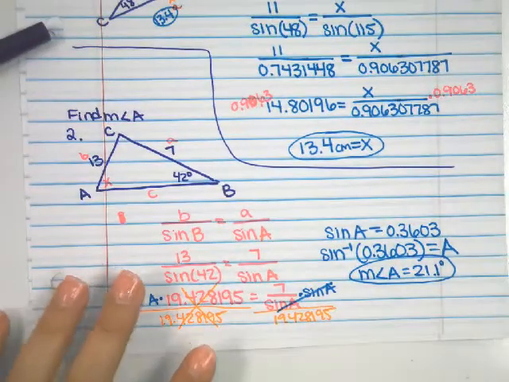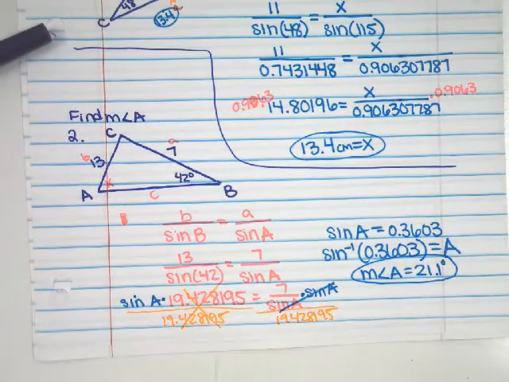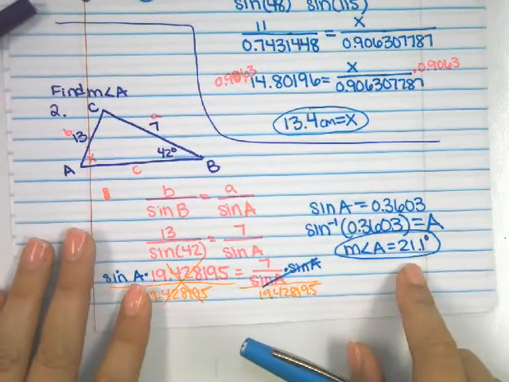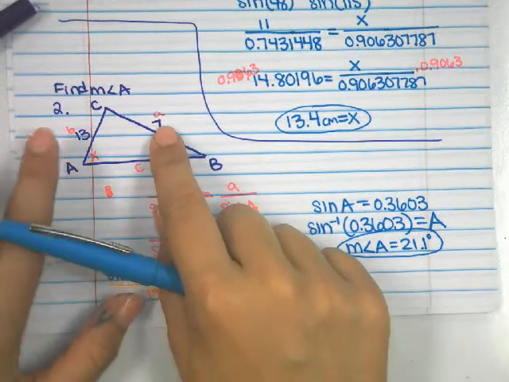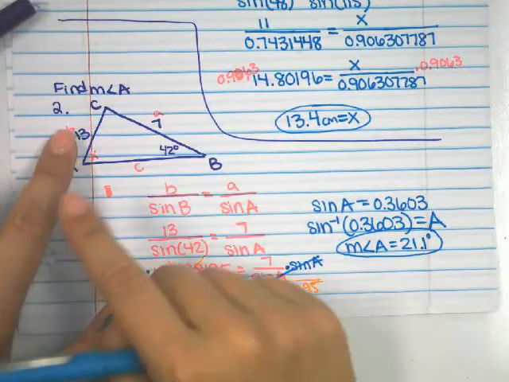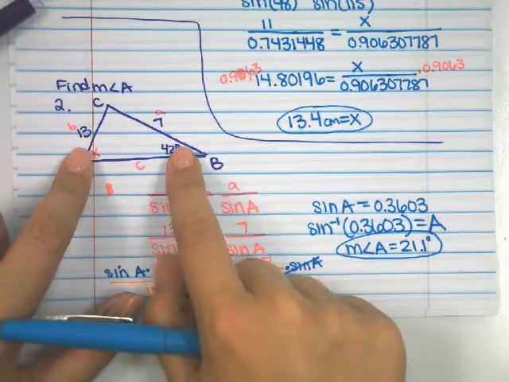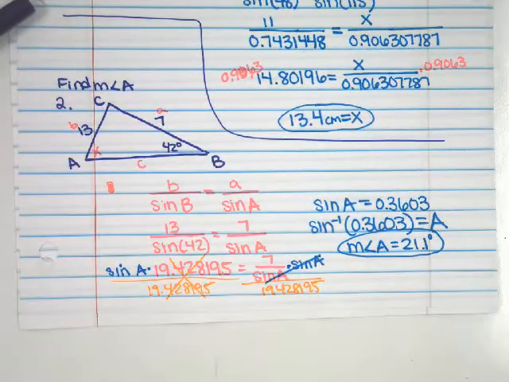Okay, we look at our triangle and make sure that that seems reasonable. Triangle is not drawn to scale, however, this is a reasonable measure for an angle within a triangle. Additionally, 7 is smaller than 13, even though it's not drawn that way, so this angle should be smaller than that angle, and it is. 21 is smaller than 42. Seems like a reasonable answer.